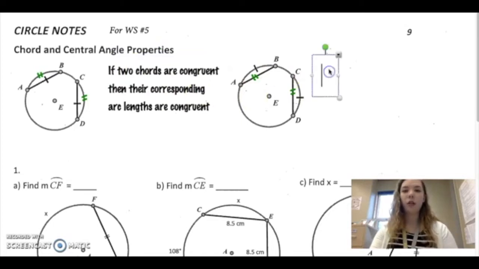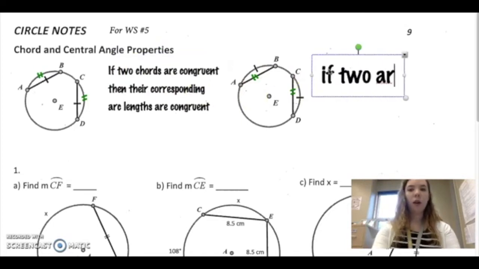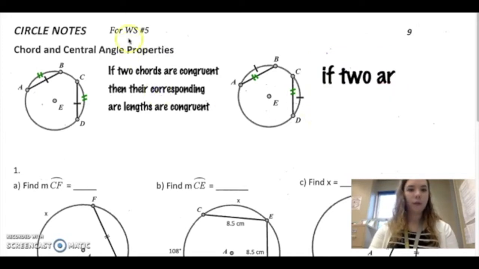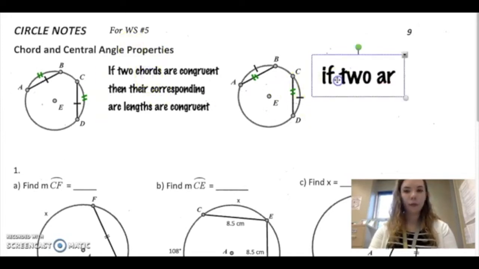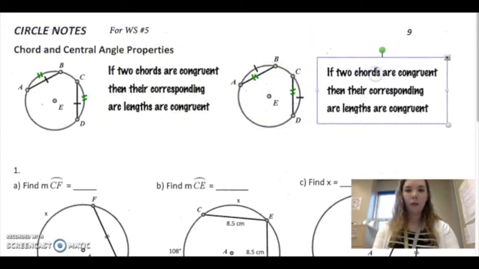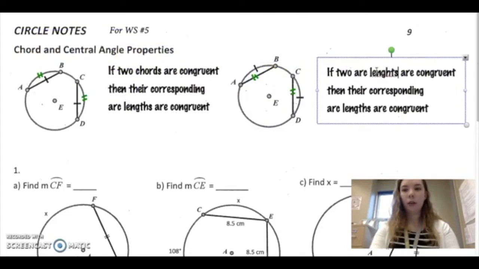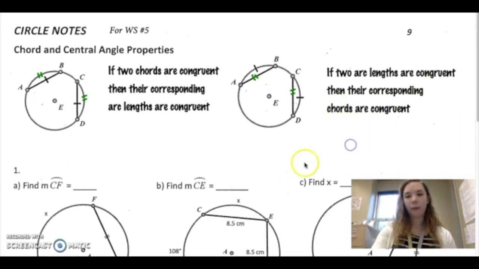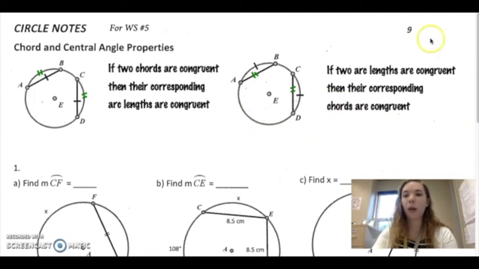And then this is just the opposite. If two arc lengths are congruent, then their corresponding chords are congruent. Okay, just the opposite, or the converse.